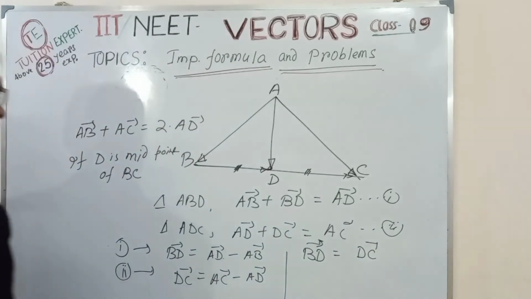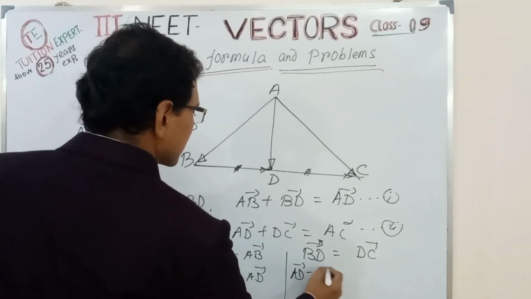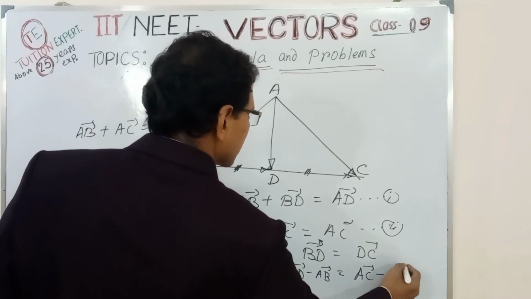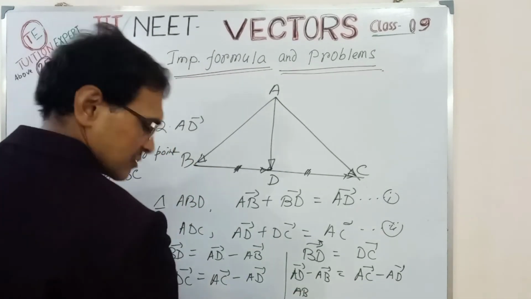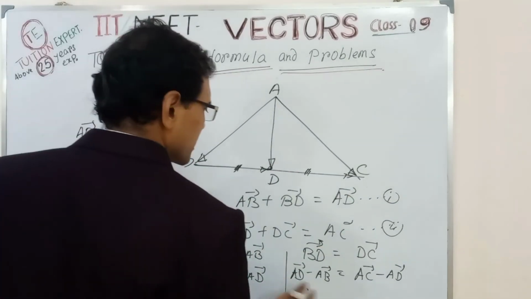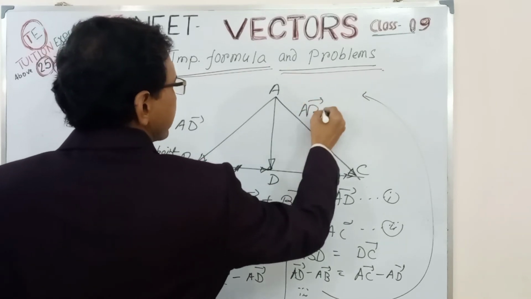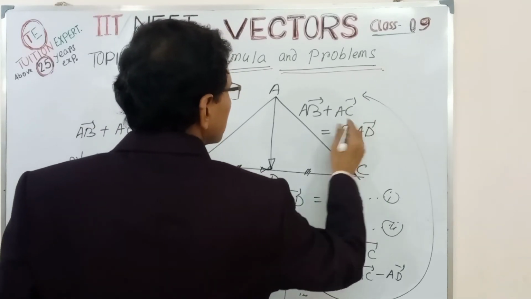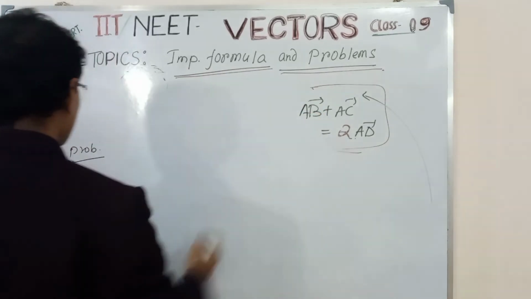Now BD equal to DC, so this equal to this. So from that we get the result AB plus AC equal to twice AD. This is the problem related to that formula.